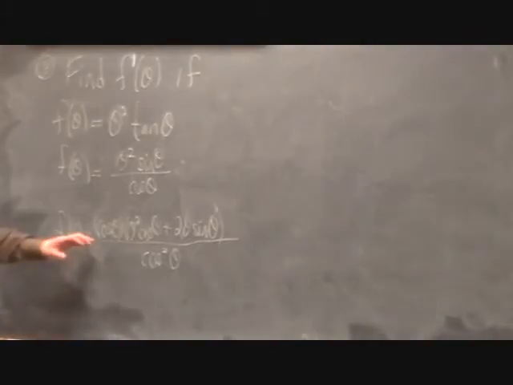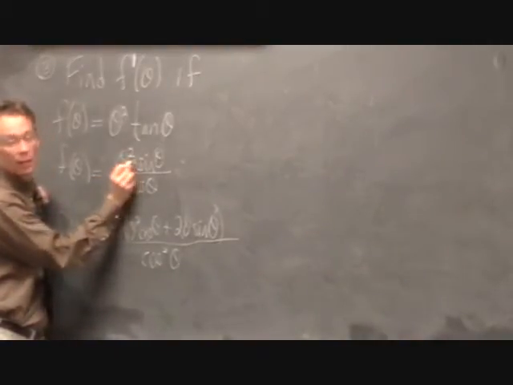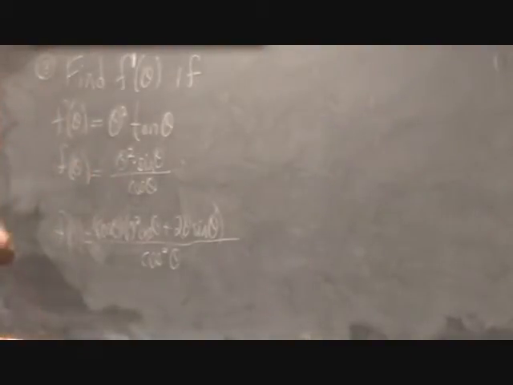I'm not even done with the quotient rule yet, am I? Why can't you just go cosine theta and then do 2 theta cosine theta? Because this is theta squared times sine theta. It itself is a product, so you've got to use product rule. I'm not even done with the numerator yet.